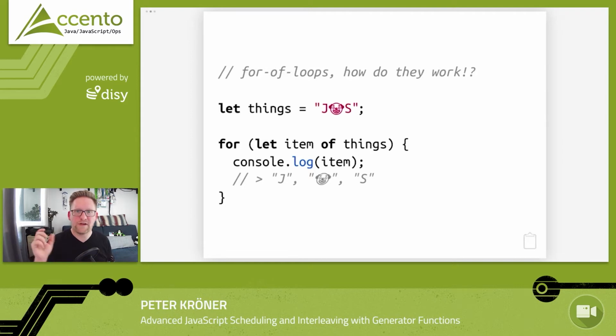But stuff like the clown face emoji here are not really one code point, they consist of two code points. And the for-of loop somehow knows that in this case the number of items in the list, in this case being a string, has to be treated differently for some special items like this Unicode emoji code point contraption.